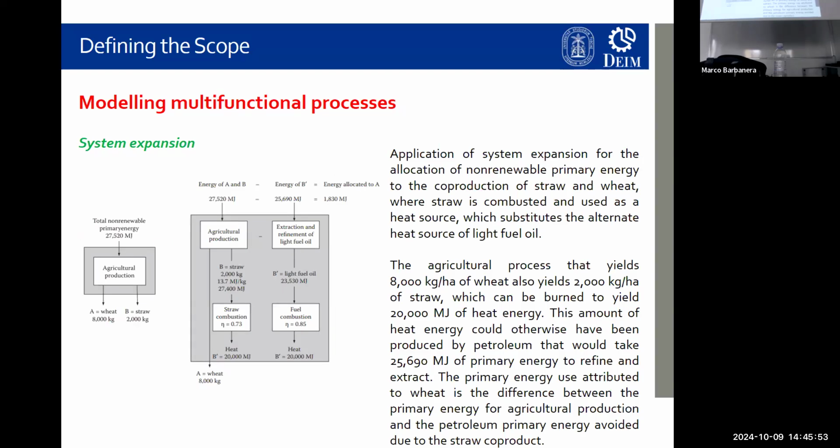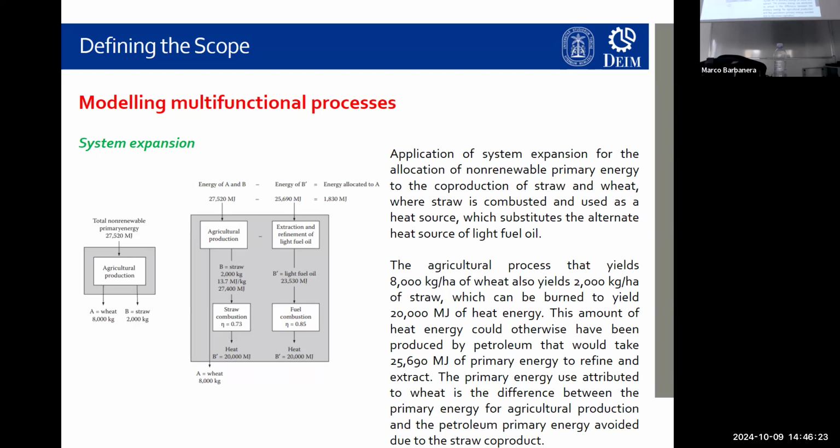Here you can see another example about the system expansion approach, in which you have an agricultural process, from which we have the production of wheat as the main product, and wheat straw as the byproduct.